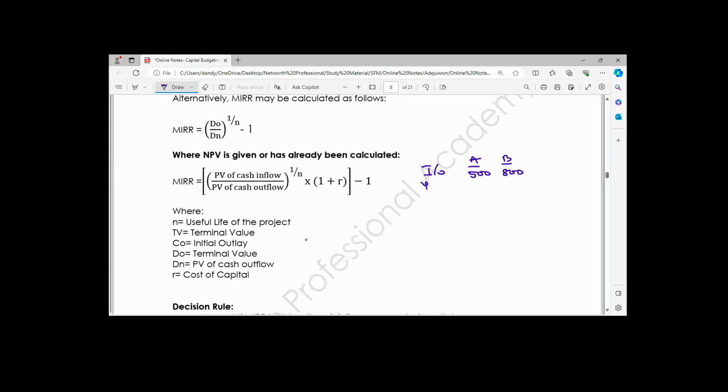Let's say the cash flow for the respective years. Year one for project A is 300. Here is 100. Year two, let me make it 200. Here is 200. Here is 250.